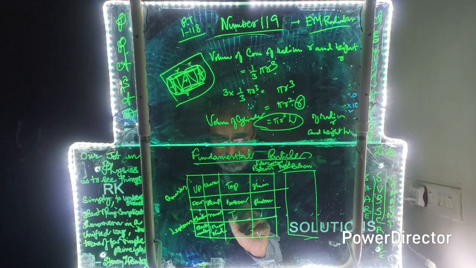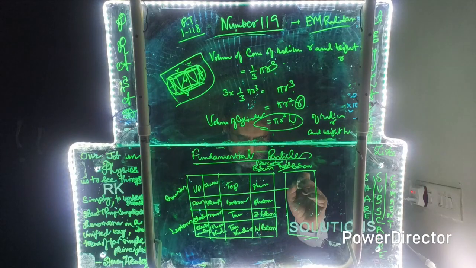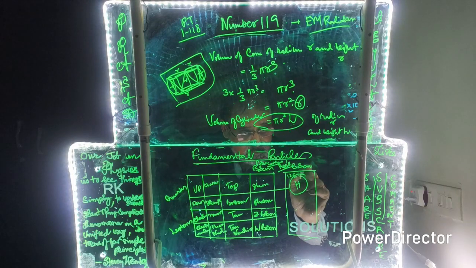We have the tau particle and tau neutrino. This is the photon, this is a Z boson, this is the W boson, and this is, of course, the Higgs particle. And this particle H has an energy of around 125 point something giga electron volts.